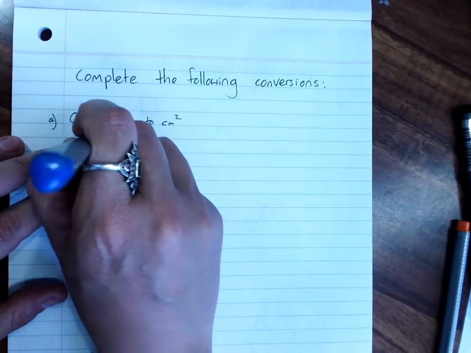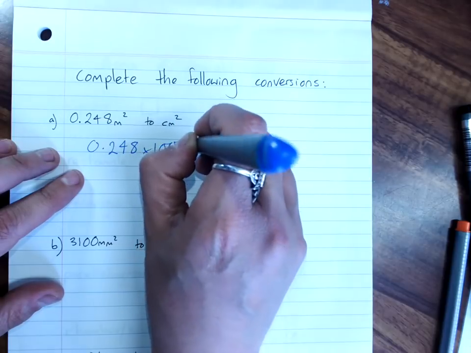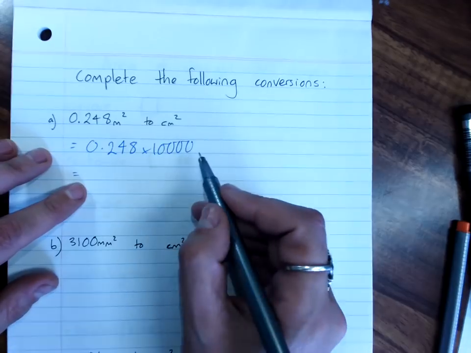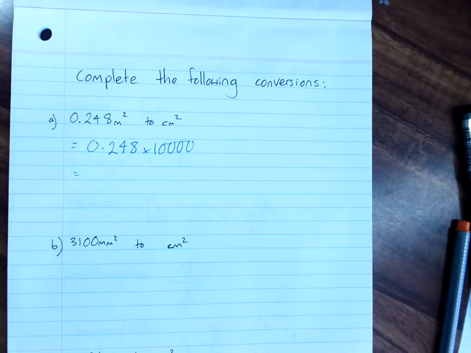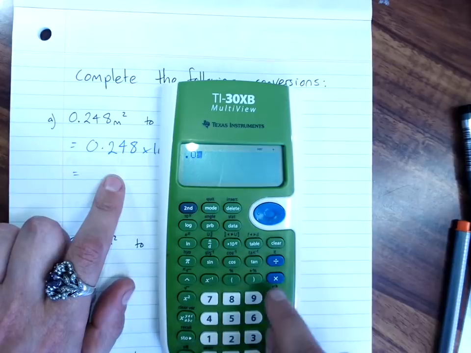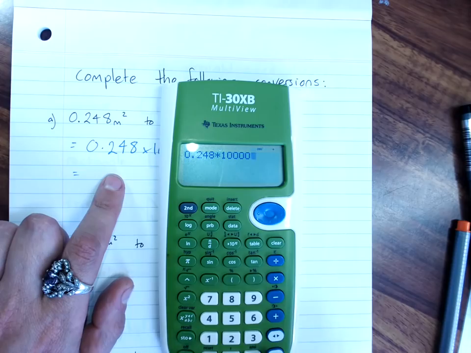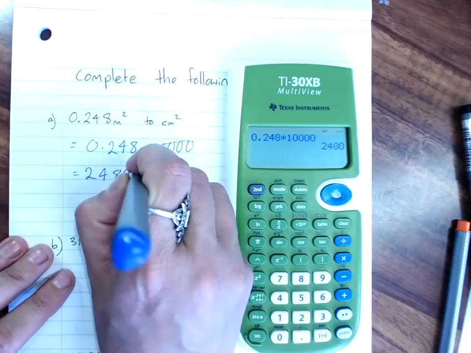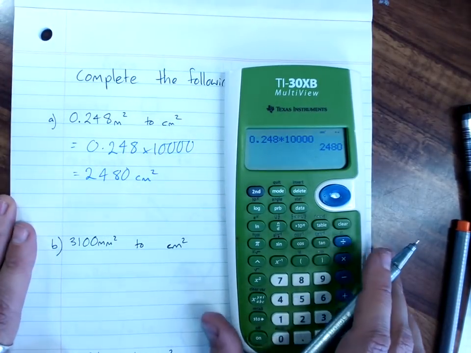So you could just do 0.248 times 10,000, and you can use your calculator if you want, or you can use the bouncing decimal point method. So let's be careful. 0.248 times 10,000 is 2,480 centimetres squared. So you can do it that way with that little diagram.